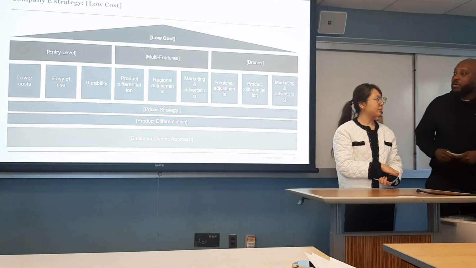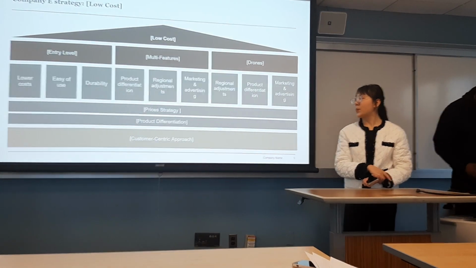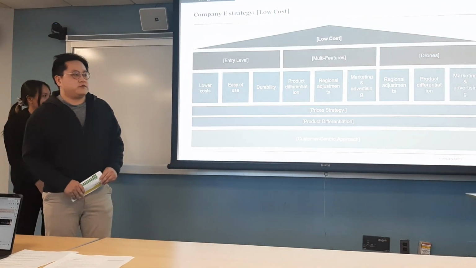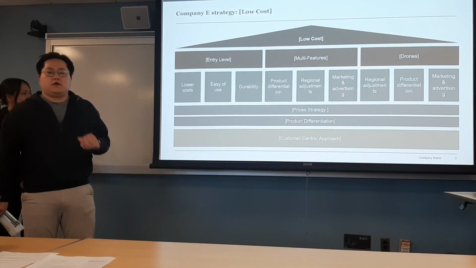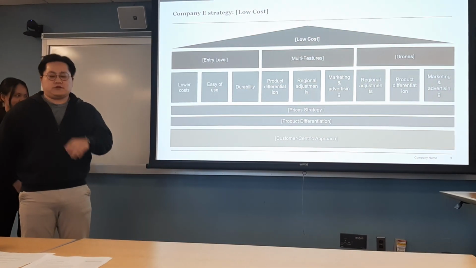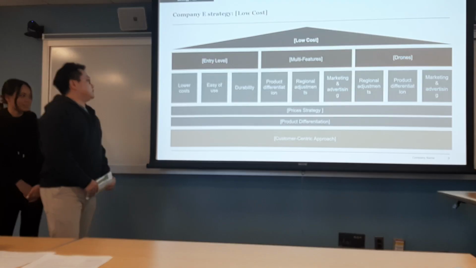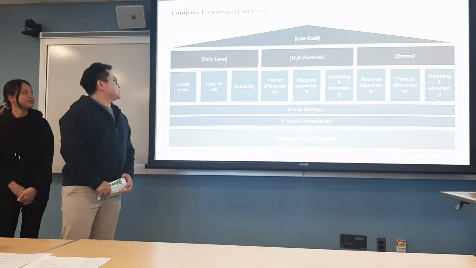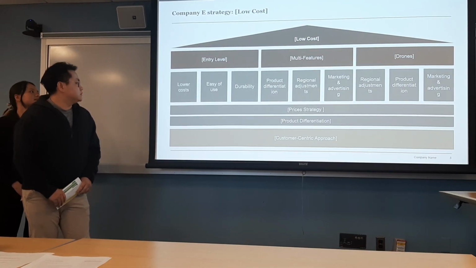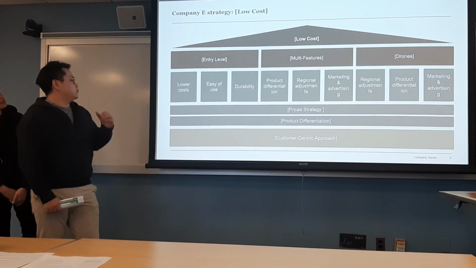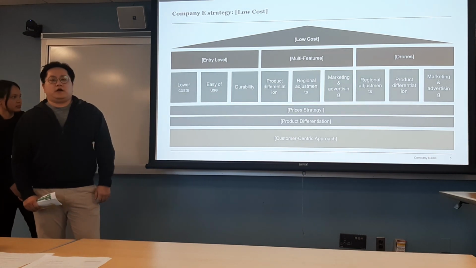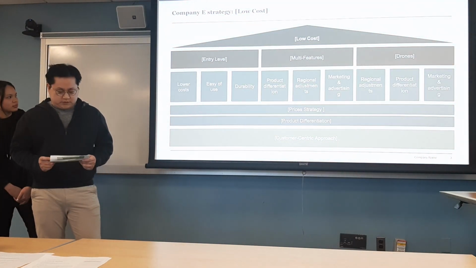So basically, we use a low-cost strategy for our companies during our operation in the Globus simulation. When we focus on entry-level cameras, we try to use a low-cost strategy for customers.